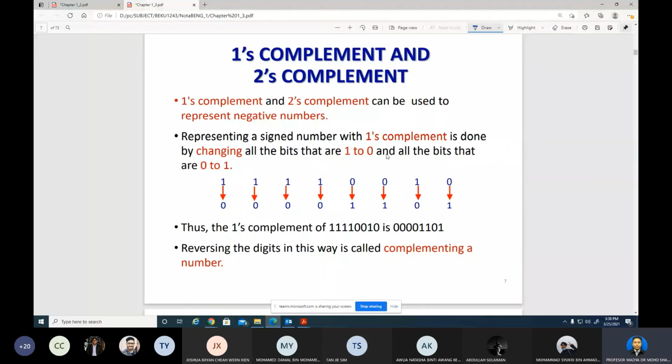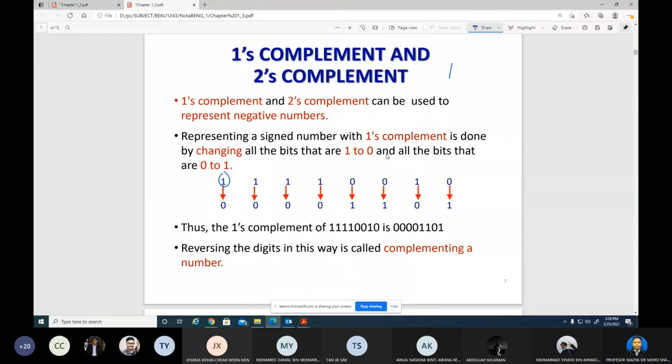For input 1, we change to 0. Invert the input. So 1 becomes 0, 1 becomes 0, 1, 0, 0, and 0 becomes 1, 0 becomes 1, 1 becomes 0, and 0 becomes 1. That's what we call inverting the input.